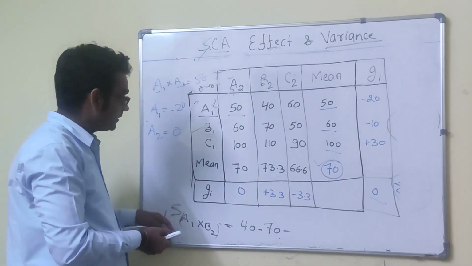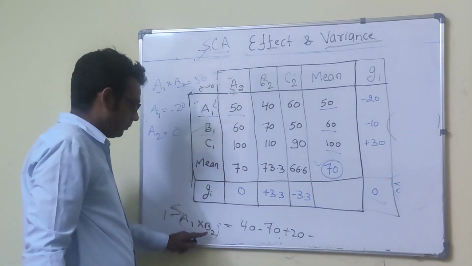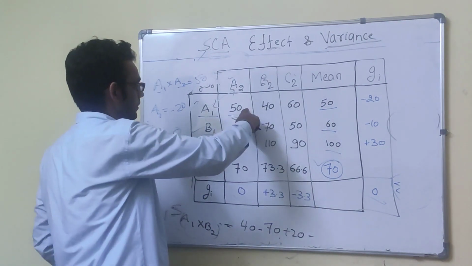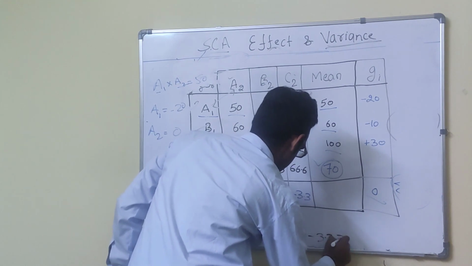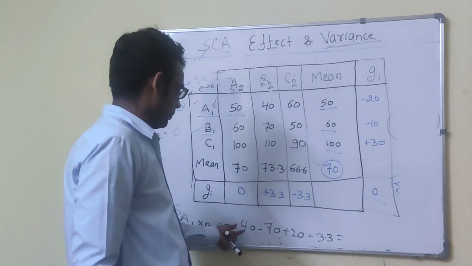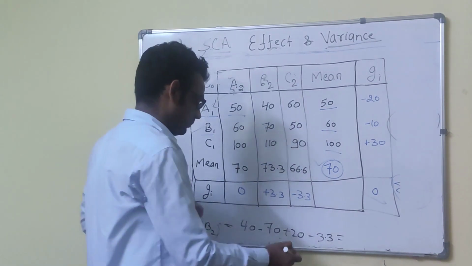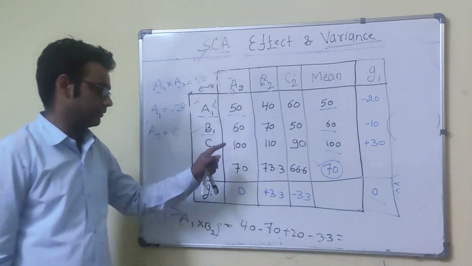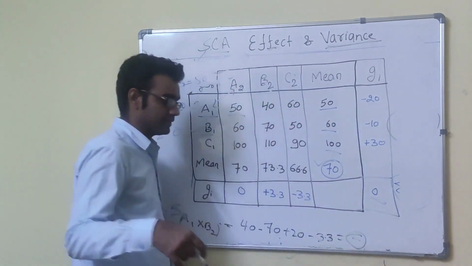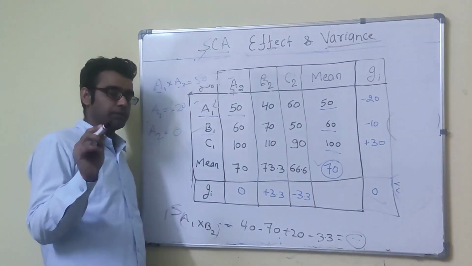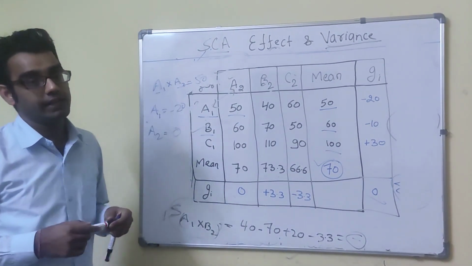The GCA effect of A1 is minus 20, so minus minus becomes plus. Then minus the GCA effect of B2, which is plus 3.3, so minus 3.3. So 40 minus 70 is minus 30, plus 20 is minus 10, and minus 10 minus 3.3 is minus 13.3. It means you can calculate the SCA effect of all the crosses. So it will come as a negative value. Like GCA effect, SCA effect can also have a positive and negative sign.